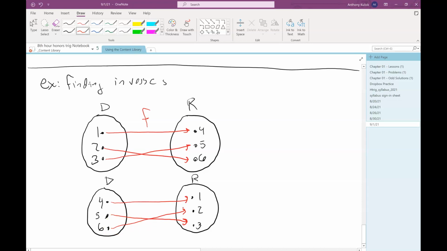So it's basically just reversing the direction of everything, right? Pretty easy to deal with. So this is what we would call F inverse then. Notice F inverse is a function, right? Everything in the domain is used, and each thing in the domain goes only one place. That's just an observation that I've made.